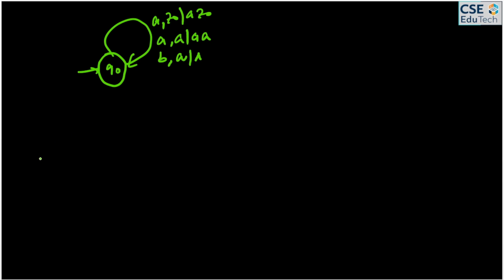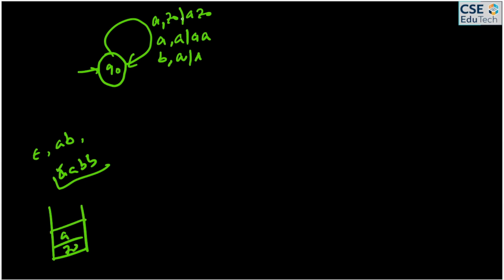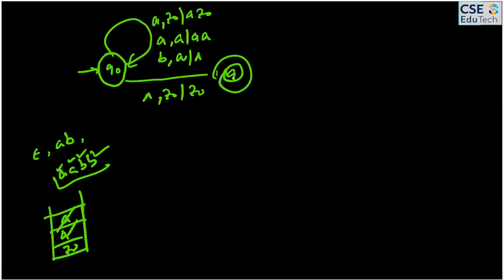That means epsilon, AB, then AABB and so on. Suppose we have taken the string AABB: when stack top is G0 and A comes, it will be A G0, and when A comes again, it will be on the stack top. Now when B comes, just remove this, when the second B comes, remove this, and in this way the string is exhausted. So once the string is exhausted and stack top is G0, just replace the G0 and you will reach some state which is a final state.